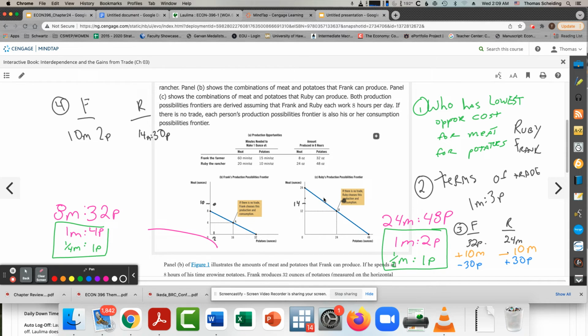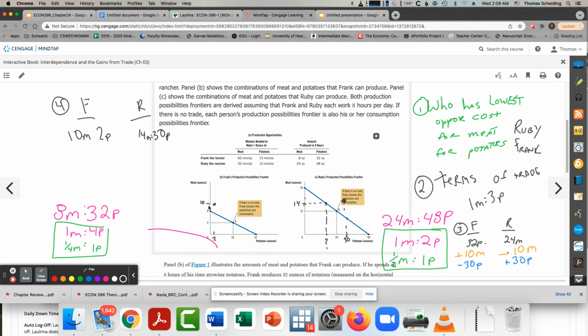We can't really do the math here just with what we're provided, but if we had the points, we could talk about for 14, how many potatoes was this? And the idea that this is 30.